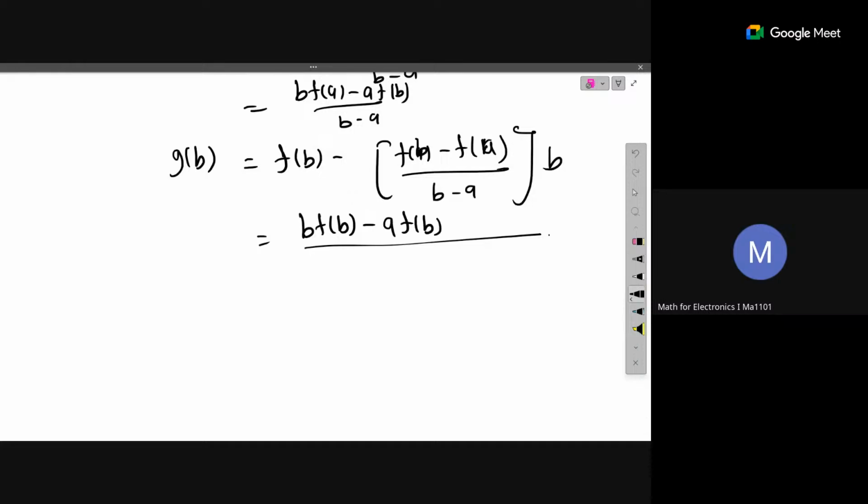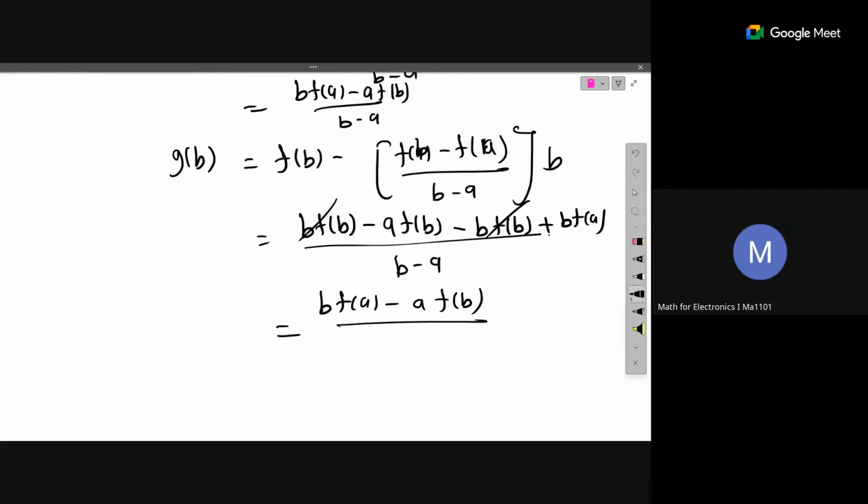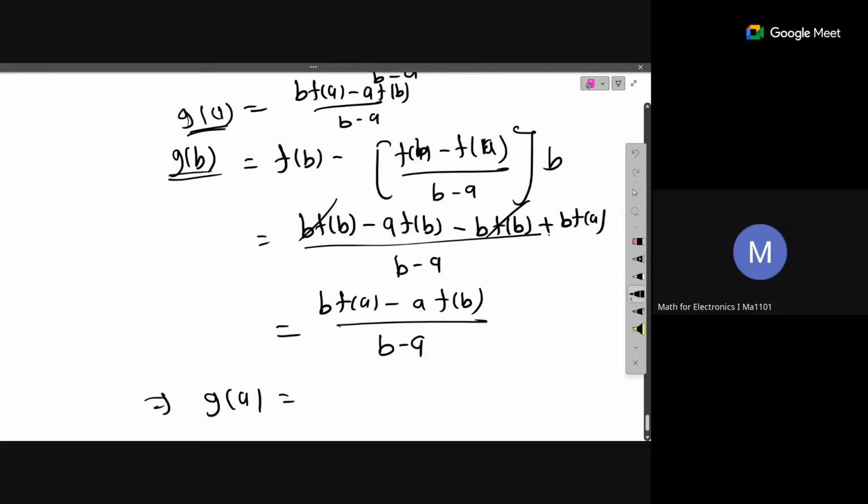Again, b f(b) and b f(b) will get cancelled out. We will get b f(a) minus a f(b) by b minus a, which is the same as g(a). So this implies g(a) is the same as g(b).